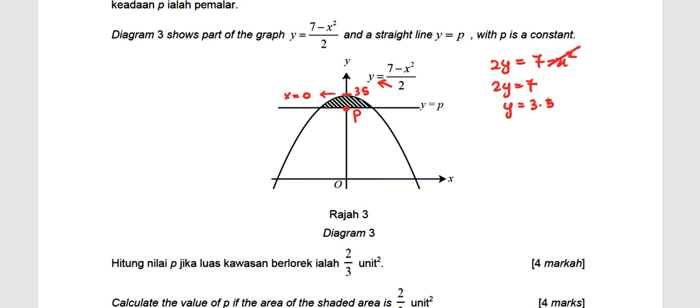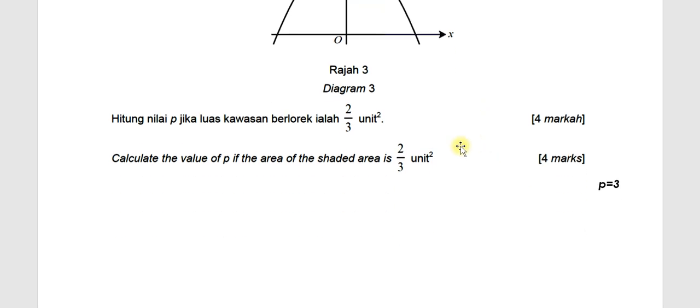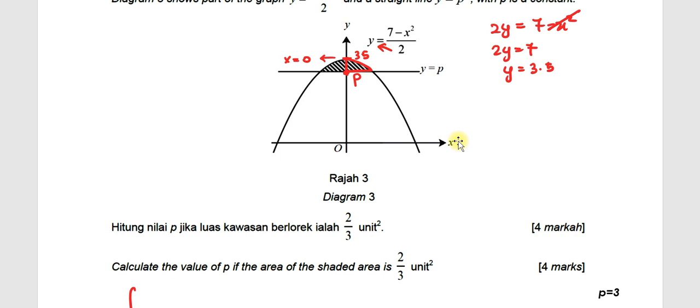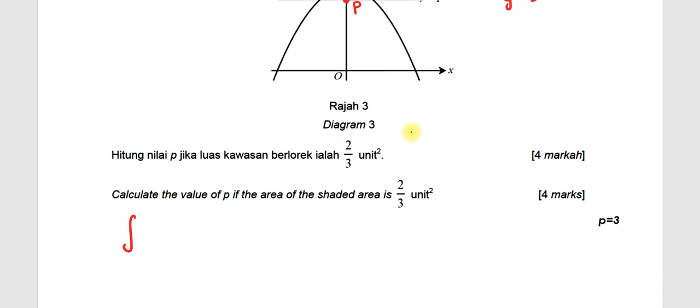And then the total area 2 over 3, but when we calculate, we only get half. Remember that or not? Lepas tu kita kena darab 2, baru kita dapat 2 per 3. Jangan lupa. Okay, so it should be like this lah. Integrate. 3.5 is higher limit.